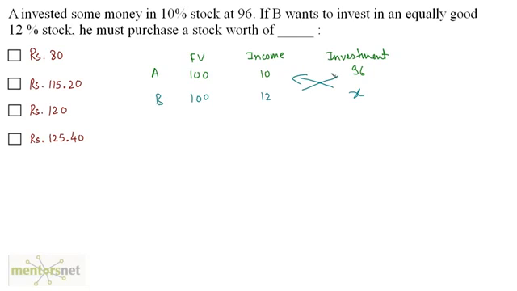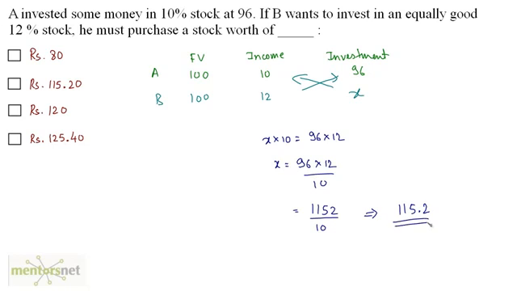So I can cross multiply and equate. I get x times 10 is equal to 96 times 12, right? So x is equal to 96 times 12 by 10, isn't it? And 96 times 12 is 1152. So the market value of the 12% stock is basically 115.2 rupees. So the answer is option B.